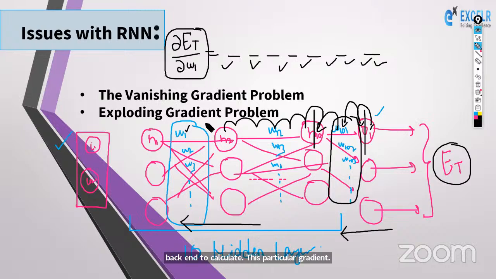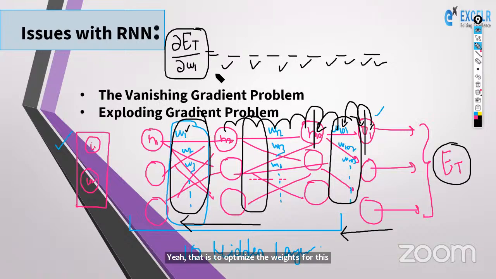That means to optimize the weights for these layers, a lot of gradients are being calculated. Now, as per the chain rule, all of the gradients will get multiplied.